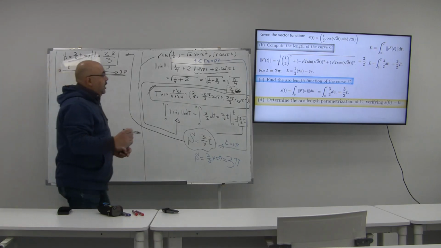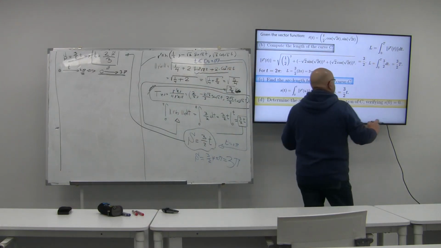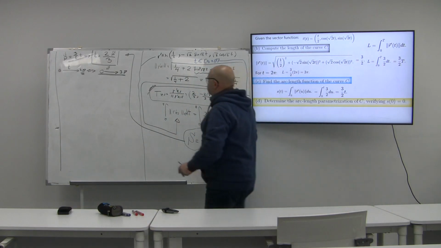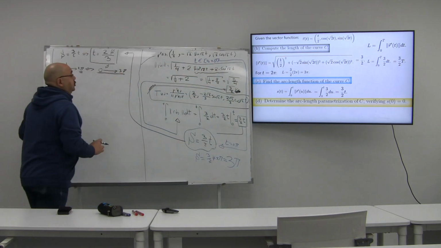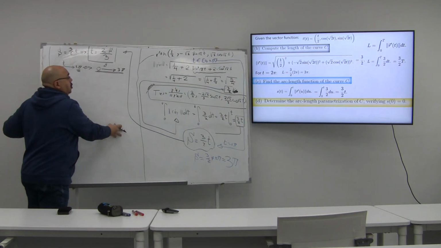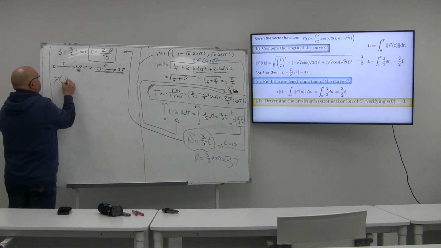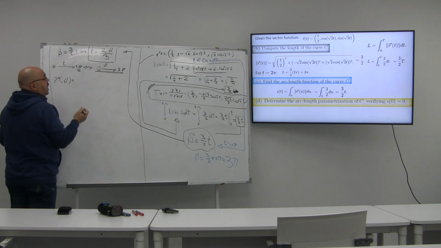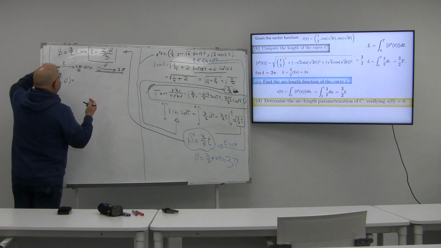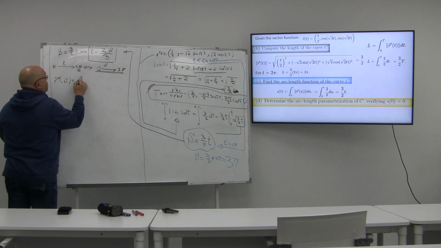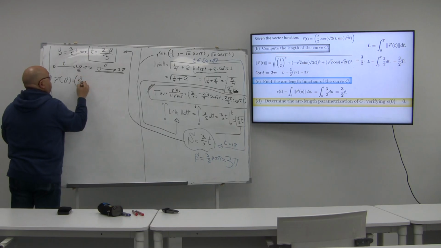So now all I have to do is to start writing these values. So simply, all I have to do is to start getting the parameterization. So r as a vector function in the arc length is going to equal, replacing the t by this, it's going to be s over 3 for the first component.